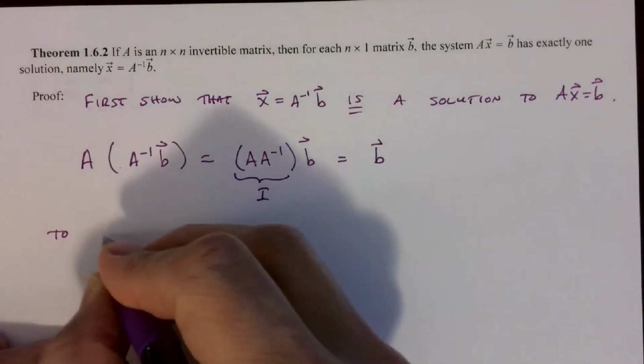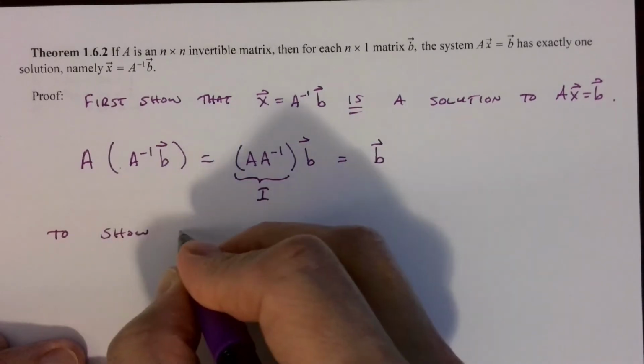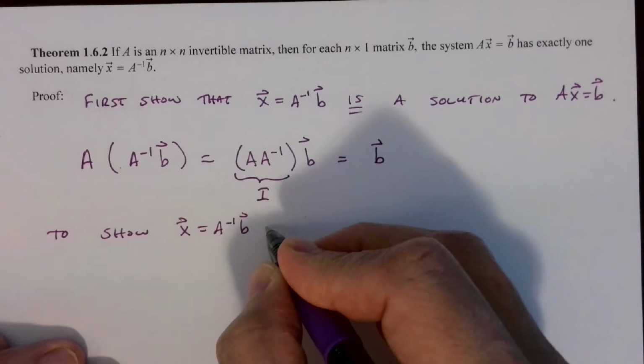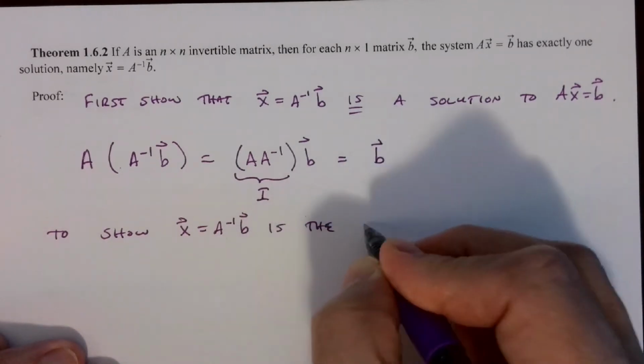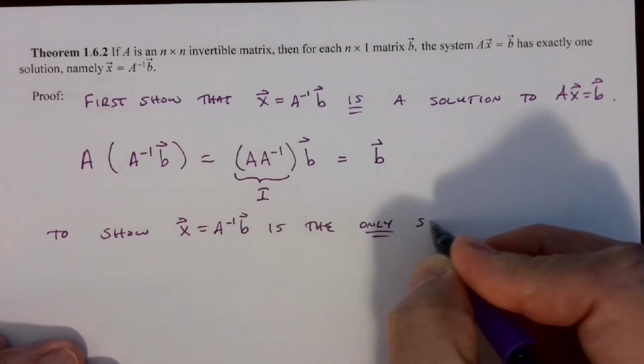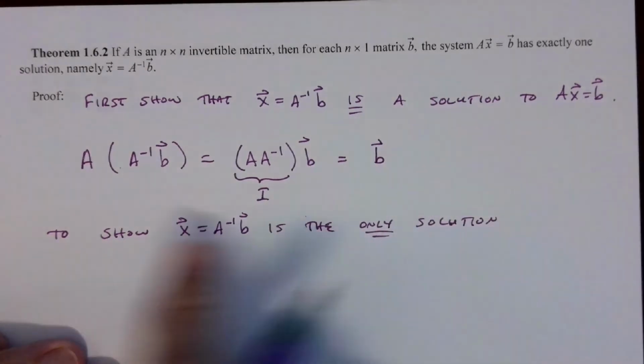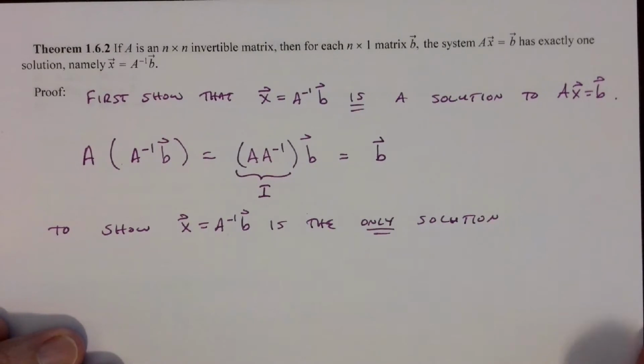Now, what do we have to do just to show that x equal A inverse B is the only solution? Because we said there's only one. Right, so this is a solution, but there may be others.